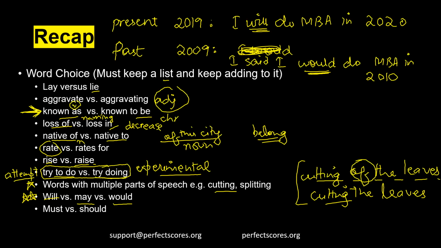Try to do, try doing. Will, may, and would is tested very much. So you will see this again and again. And see, will and would are used when you are sure of something. May is used when there is a chance of something happening or not happening. So that is important. And must versus should is again not dependent on the grammar, but more on the meaning. So must is something that you ought to do.